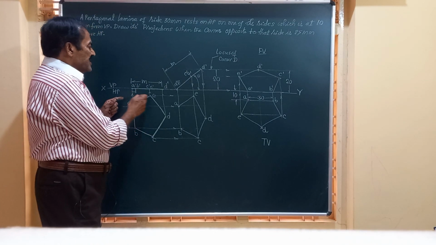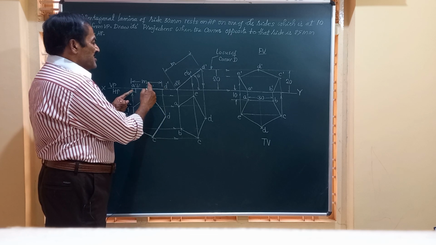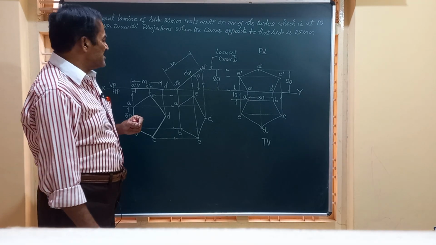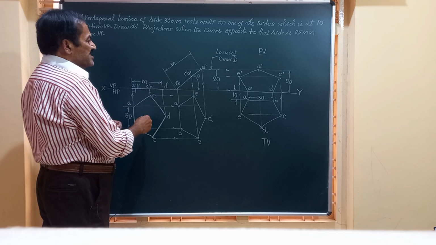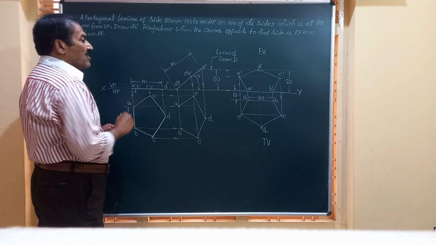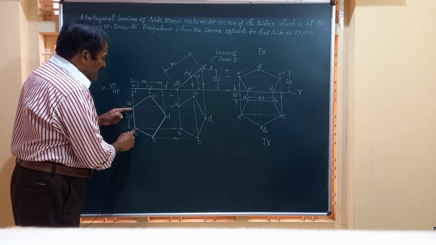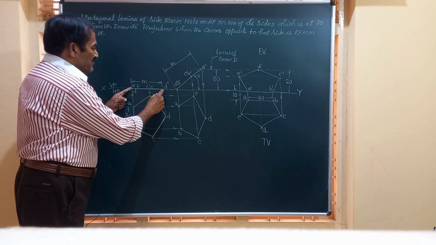Now friends, let us say the distance of this corner D from AB is equal to m. M can be measured using a scale. Now what does it say, friends? The lamina is resting on HP on one of the sides, and the corner opposite to that is D. Now it is resting on AB. The corner opposite to that is D, that is on HP.